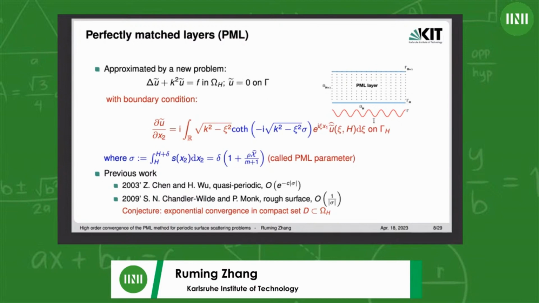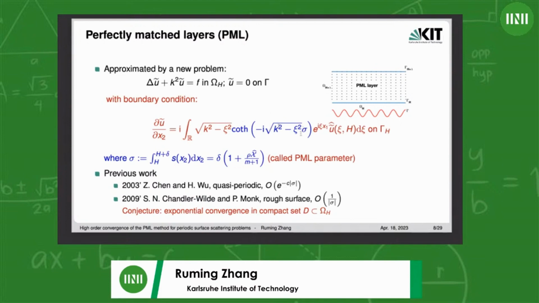But on gamma H, it satisfies a different boundary condition due to a different detour map. In the exact formulation, the blue term does not exist, or in other words, it is, for example, the constant 1. So this is the only difference.